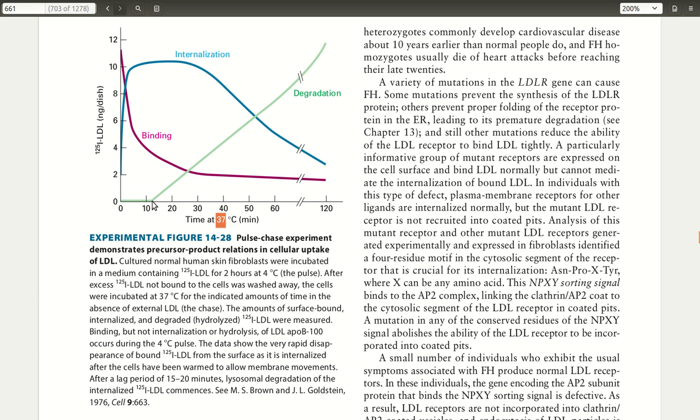About 15 to 20 minutes into the experiment, degradation of the LDL in the lysosome proceeds, so you have this upward trend in degradation and a rapid decline in LDL that is bound, and also a big decline in internalized LDL en route to the lysosome.